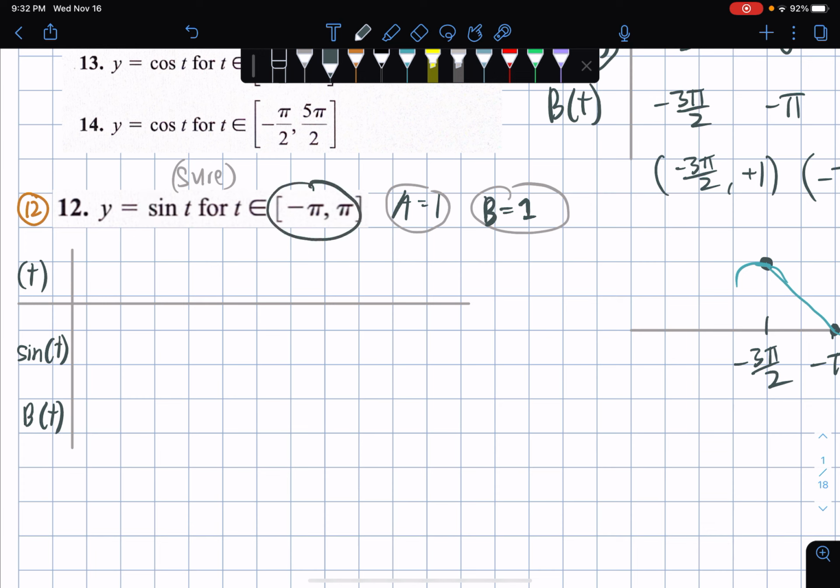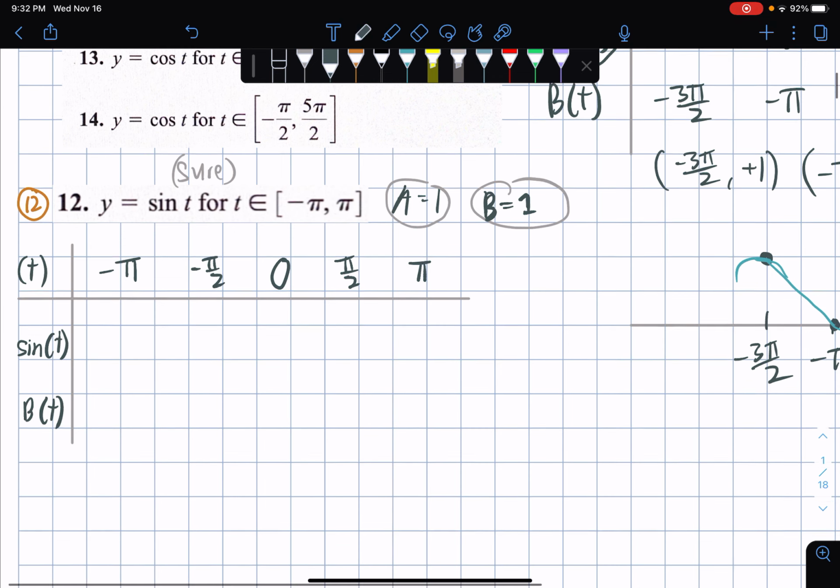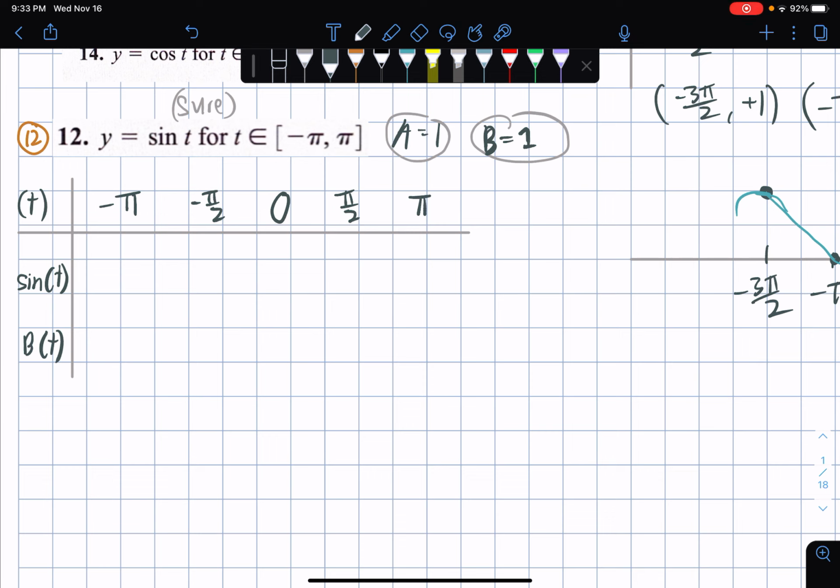So the element set over here states that we range from negative pi. So negative pi, this is 180 degrees, and what comes next is 90 degrees, which is negative pi over 2, and then 0, then pi over 2, this time it's positive, and pi, positive 180. So right now, for sine t, we just multiply the t values with sine.